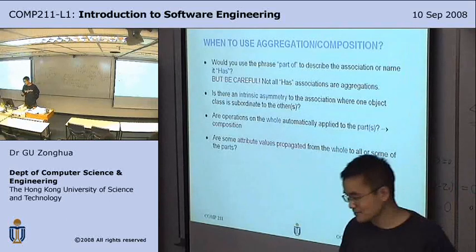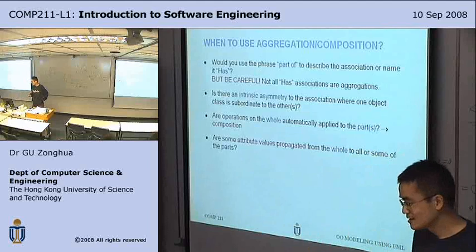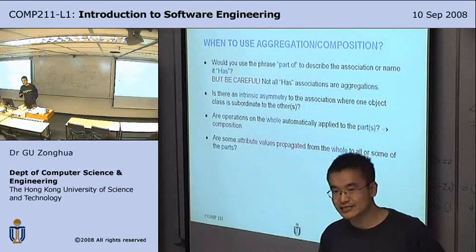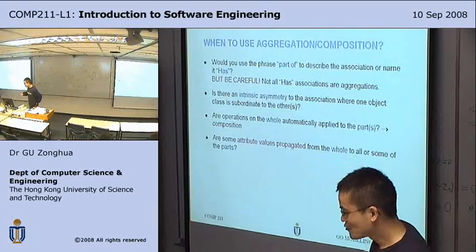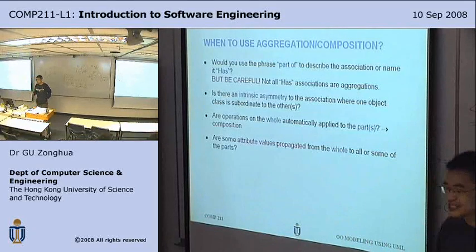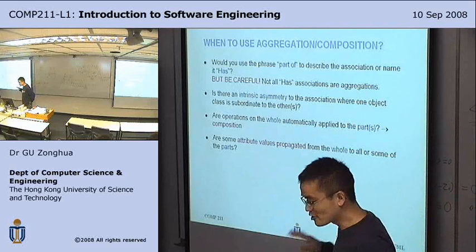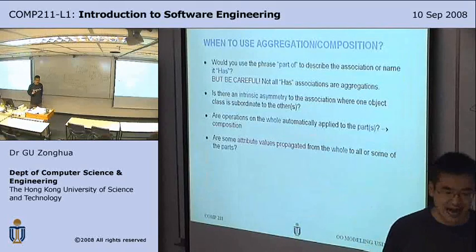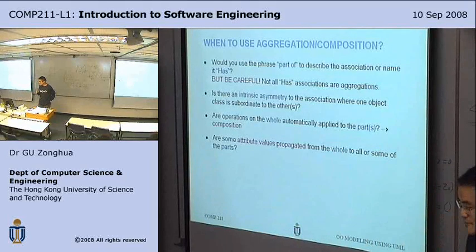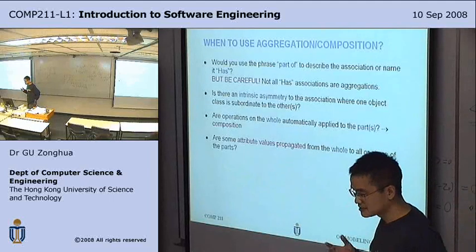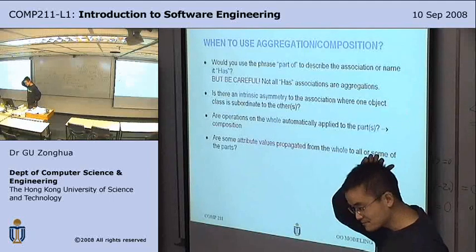So that's perhaps a composition relationship. But say I have 5 students, then that's not really an aggregation. The students and I are really not a part of relationship. It's more of an equals relationship. So be very careful. Just because you see the word has or have doesn't mean that it's automatically an aggregation or a composition.